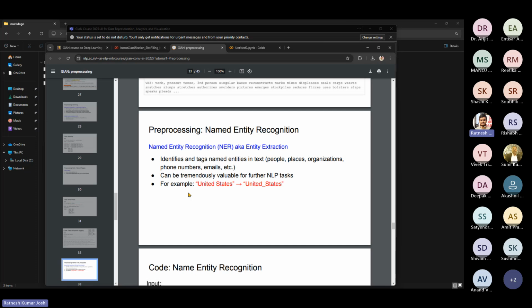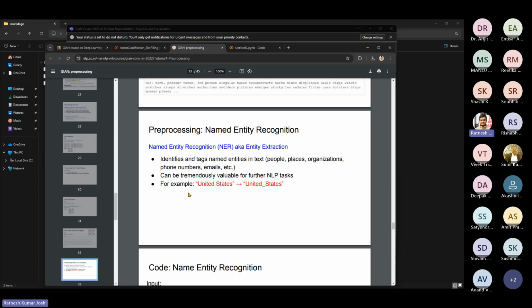So this particular kind of information needs to be extracted because it is very relevant to the task that we are performing. So we are trying to, let's say, book a flight. In that case, we require the source and the destination, right? So these kinds of named entities can be very relevant information to the task at hand, right?